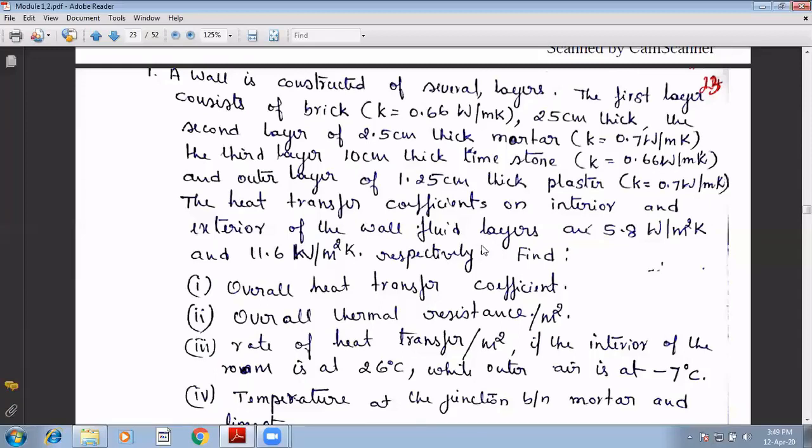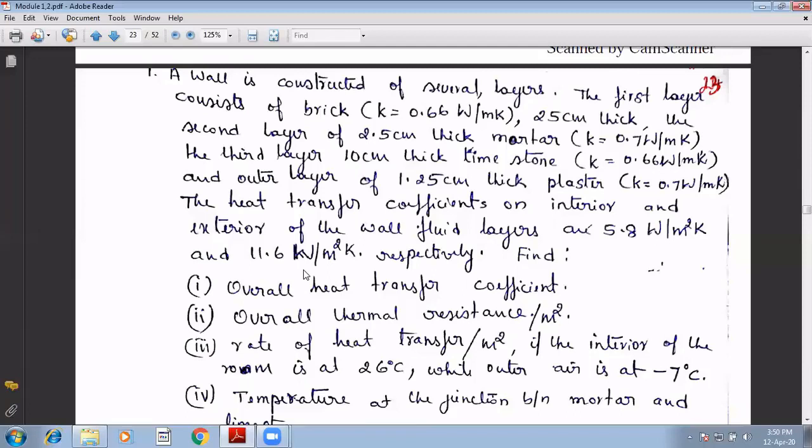Exterior of the wall fluid layer coefficients are 5.8 and 11.6. It means that we need to consider the convective heat transfer also. So he has given for the interior as well as exterior, H interior is 5.8, H exterior is 11.6.